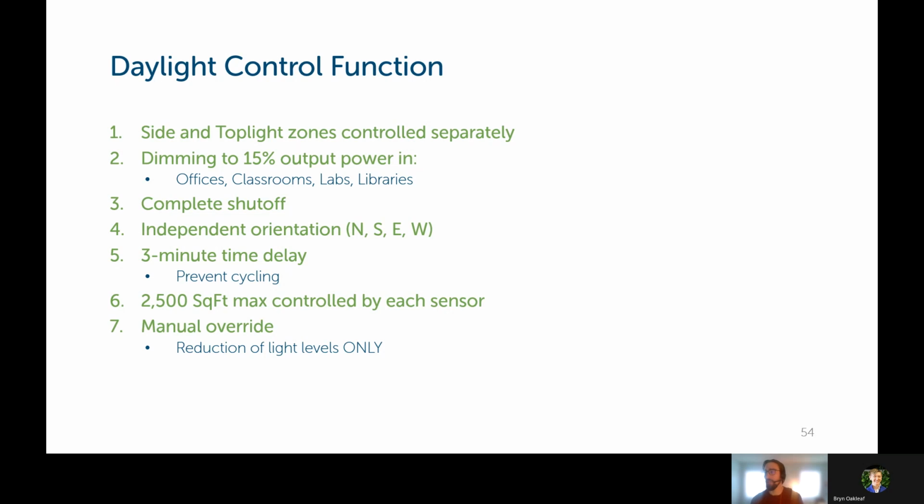You must be able to control the different orientations of the building, whether it's north, south, east, or west facing, separately. A 3-minute time delay prevents cycling, if you've got a cloud that passes over quickly, so you don't have the lights dimming up and down very quickly. Each sensor can only control 2,500 square feet, and you can have a manual override, but only to reduce the light levels, not to increase them.